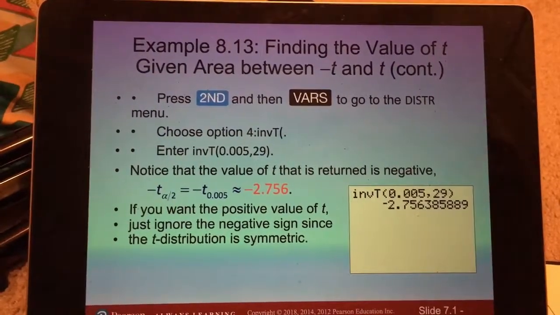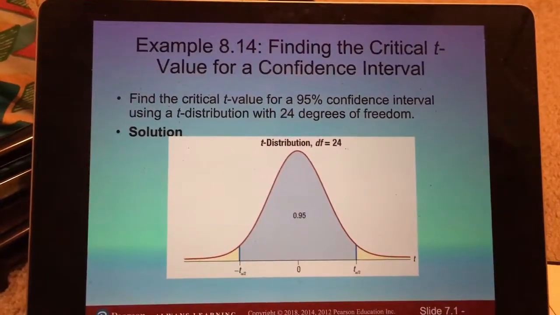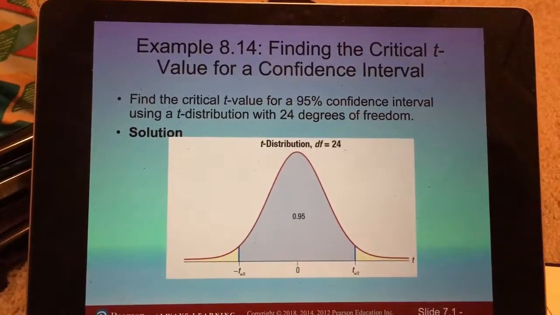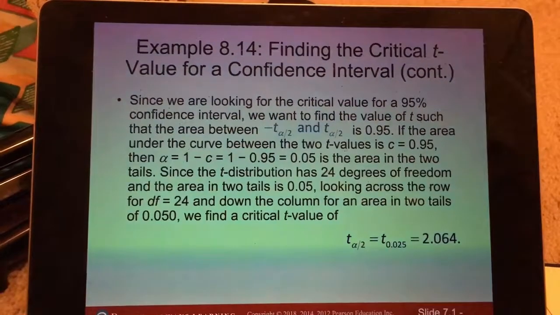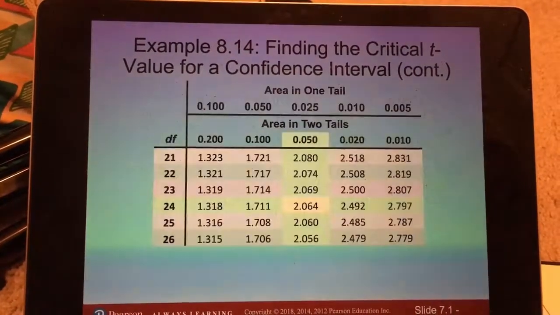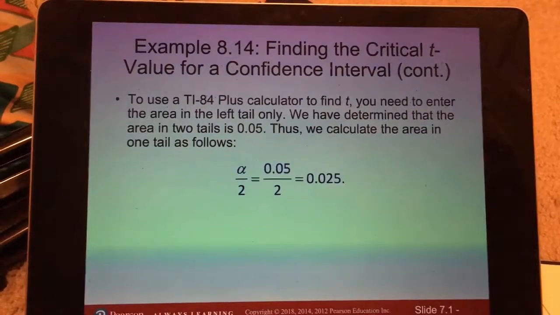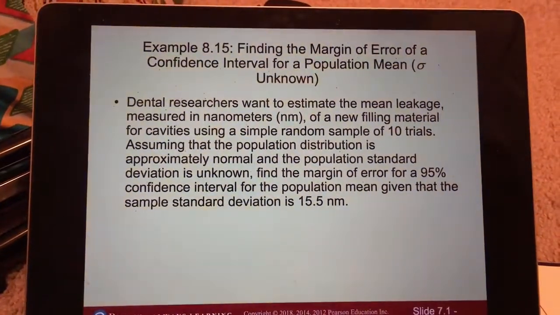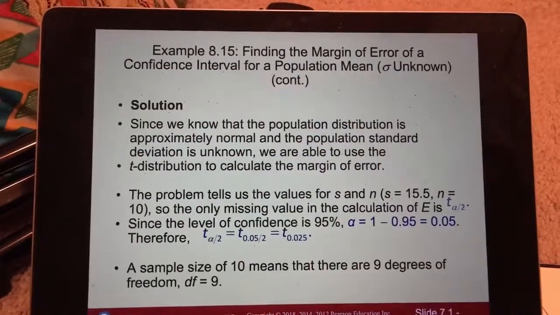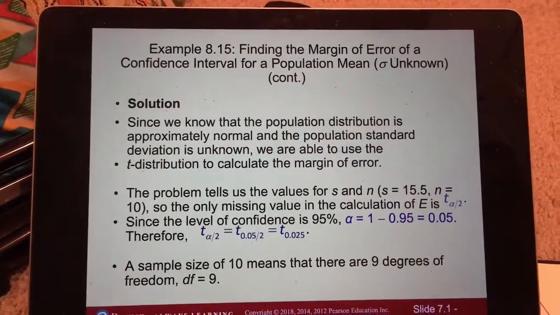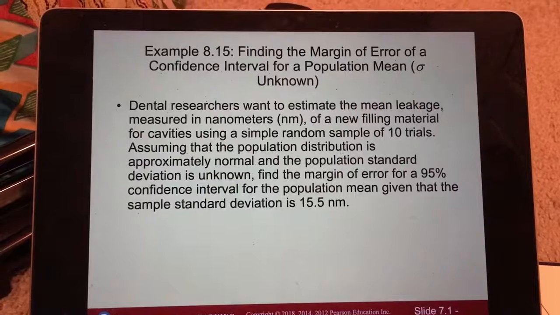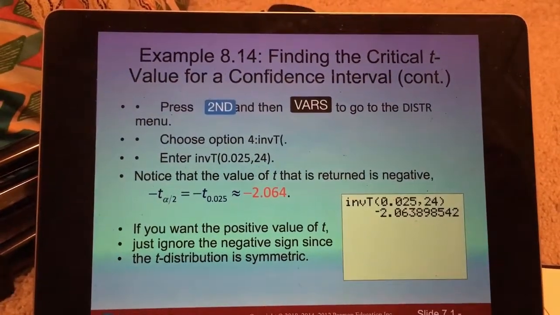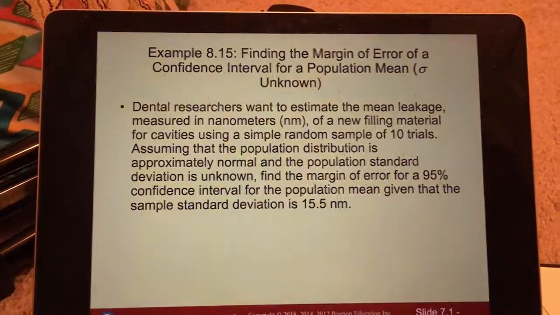Finding the value of the area between negative t and t. That would be your confidence level, wouldn't it? So find the critical value for a confidence interval. Okay, so all of this is the same stuff, so I'm not going to go over all of this. I just gave you all the slides so that you could go through it. So now, we're going to start back here.